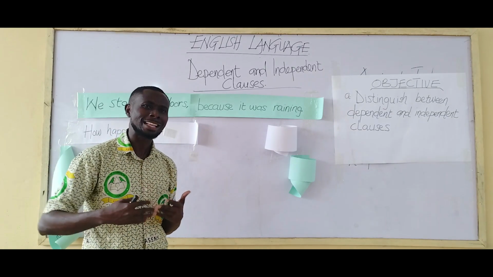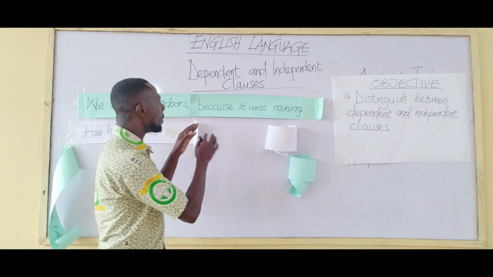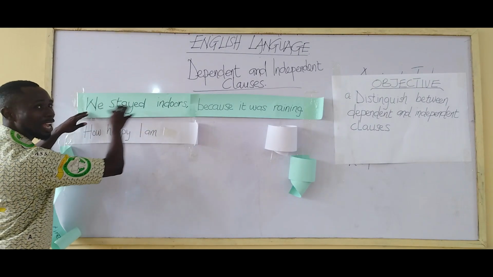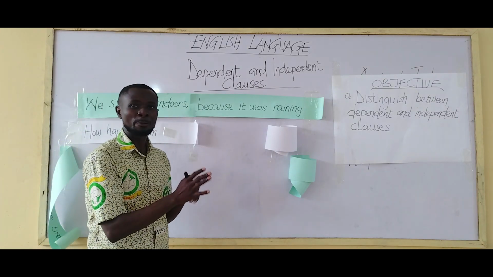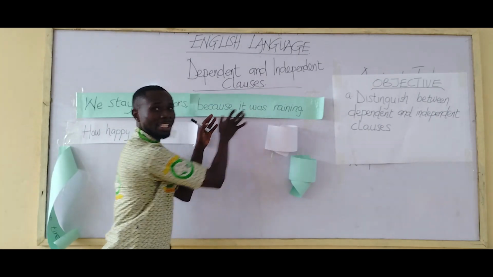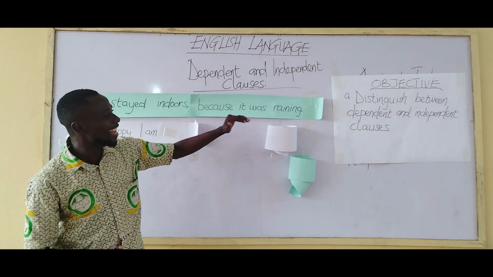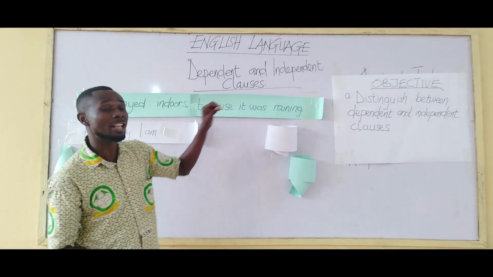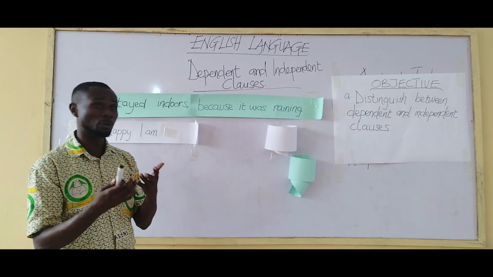You would go ahead and ask why, because you don't get any meaning. But as soon as you read it together with this, we stayed indoors because it was raining, the full meaning of this is got from the independent clause. So in that case, the dependent clause has to rely on the independent clause to give it full meaning.